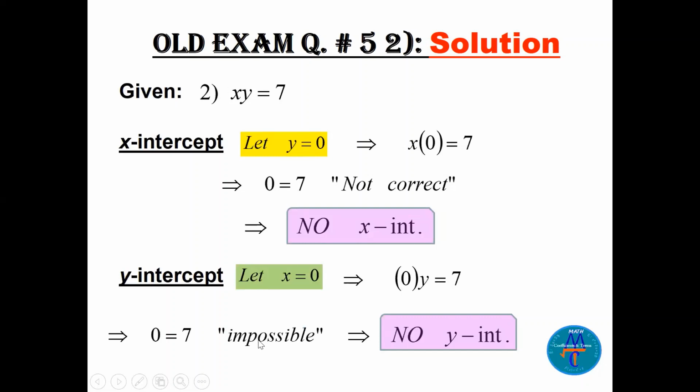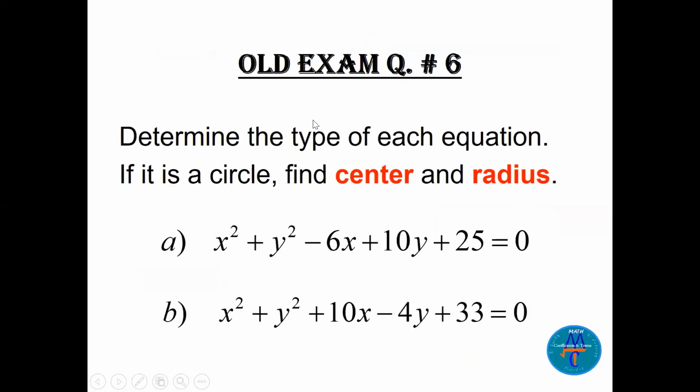We can say also impossible. No y-intercept. So we can have a graph. We will graph this later in the algebra course. No x-intercept, no y-intercept.